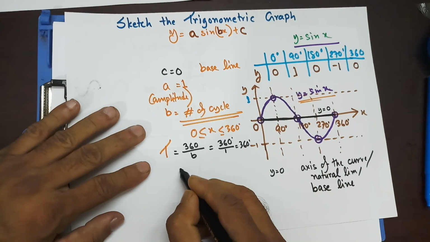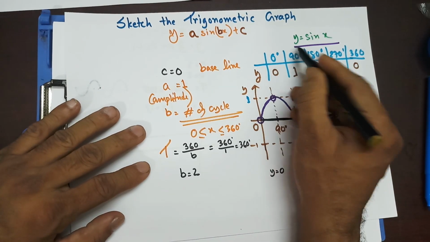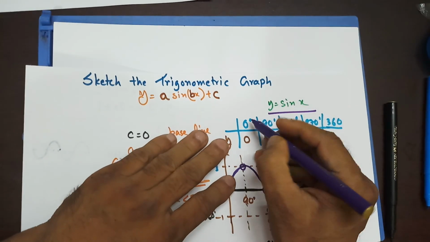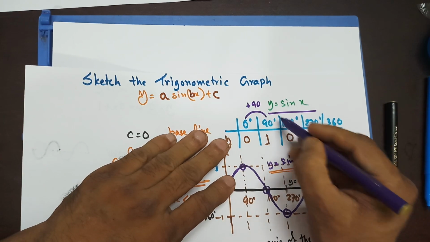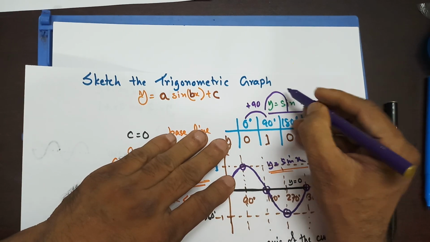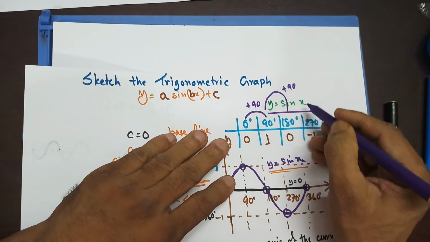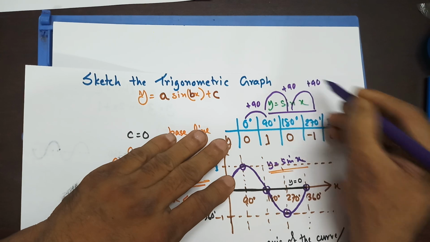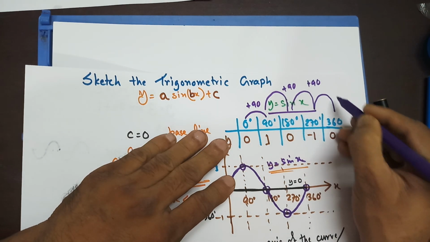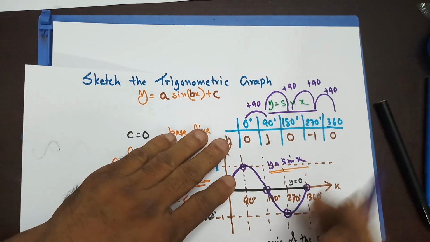But when b = 2, look at this: from 0 to 90, that's positive 90. From 90 to 180, that's also positive 90. From 180 to 270, again positive 90, and 270 to 360, again positive 90.